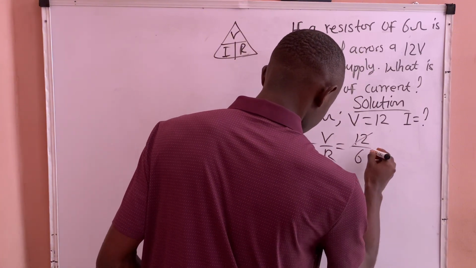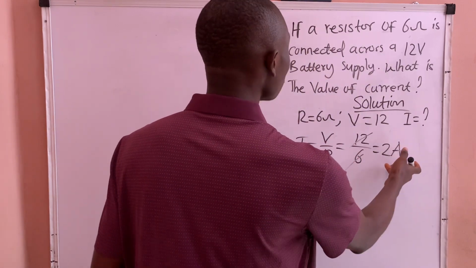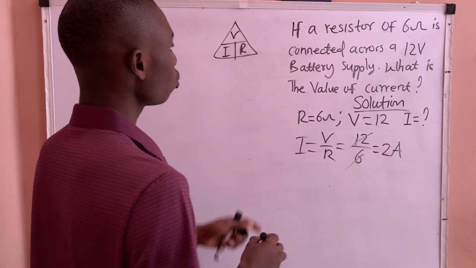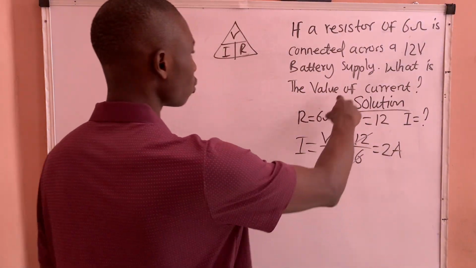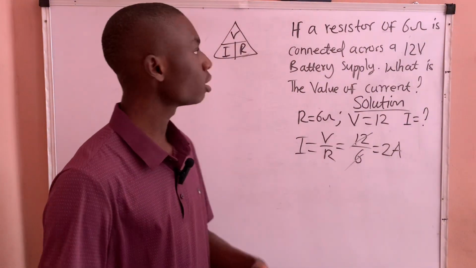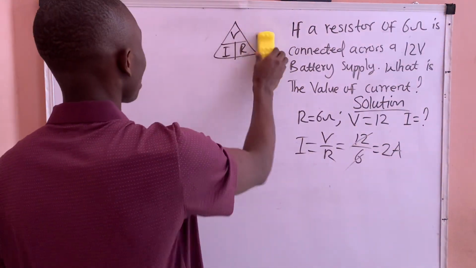And 12 divided by 6 is 2 amps. So 2 amps of current flows in this circuit, because we are asked to find the value of current that flows in the entire circuit. So that is the answer for this particular question.